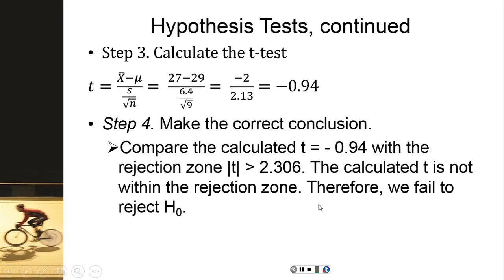Therefore, we fail to reject the null hypothesis. Basically, the evidence is not strong enough to accuse the car manufacturer of lying. So we basically say, well, if they are not lying, it's close enough to the truth. So we have to accept there is truth in their advertising.